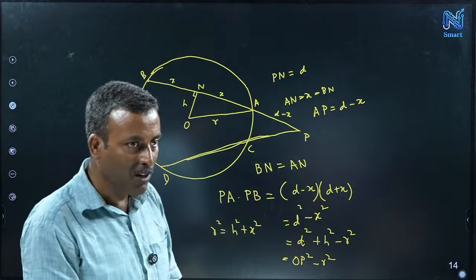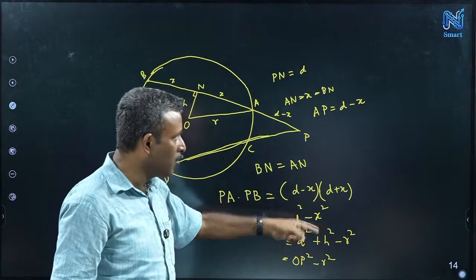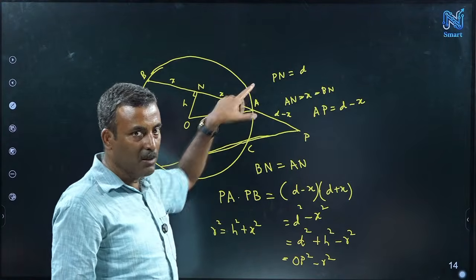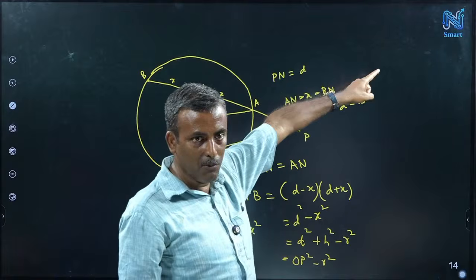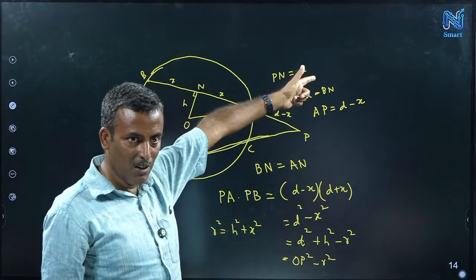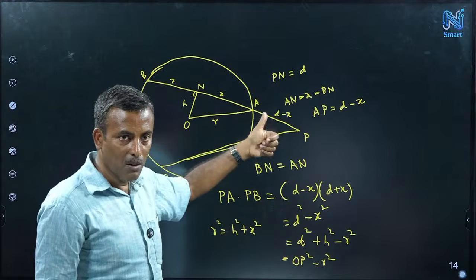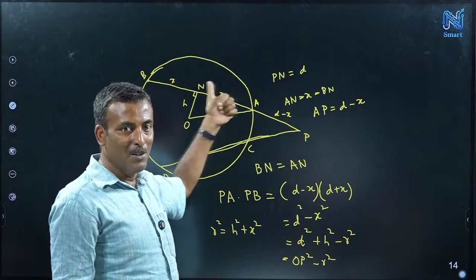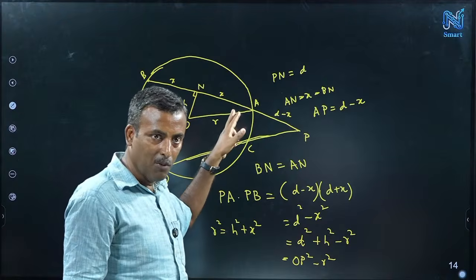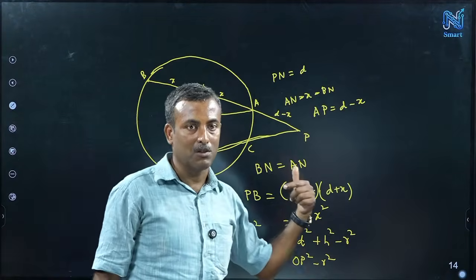So that is again homework. For the inside point I gave the similarity proof; for the outside point it is homework to do it using similarity, and using Pythagoras theorem we gave the proof for the outside point, and it is homework to prove it for the inside point.